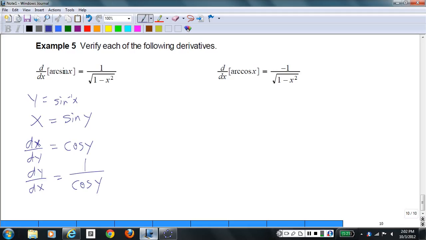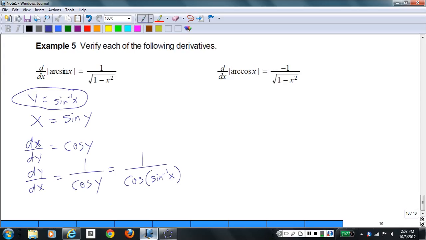But what's y? Y is the inverse sine of x. And this is the challenging part. This is 1 over the cosine of the inverse sine of x. So we need an expression for that in terms of x.